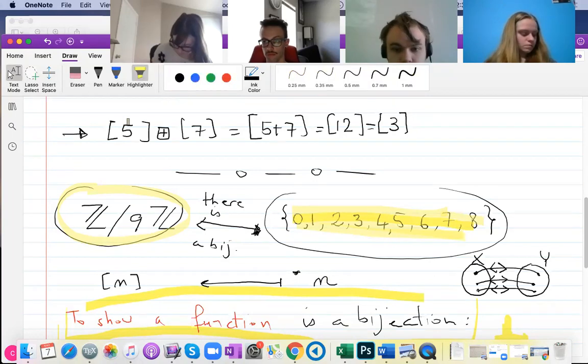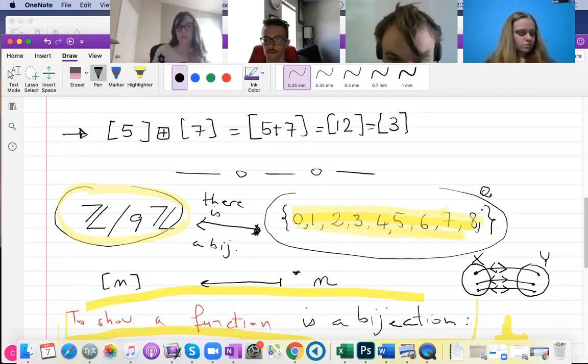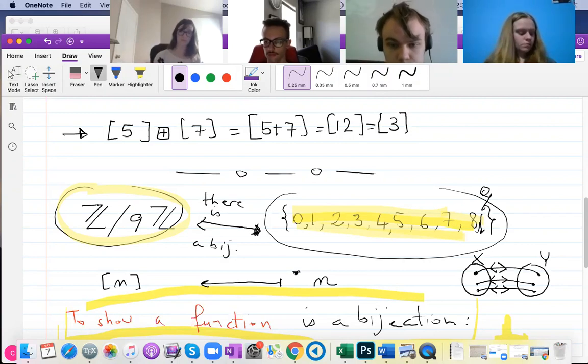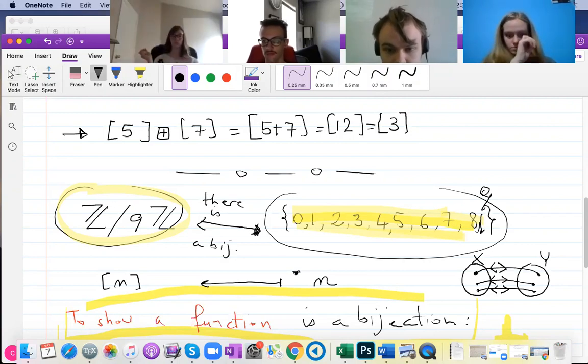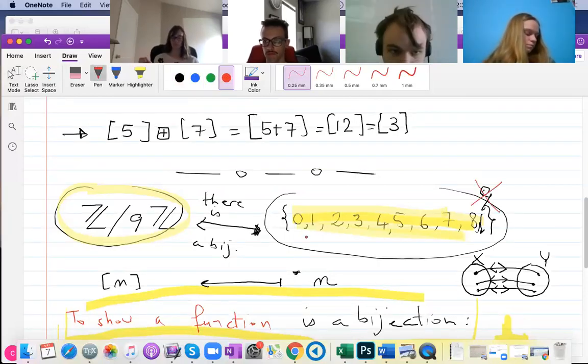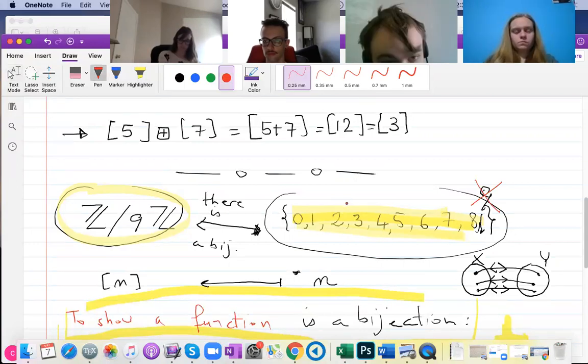If you added a 9 in here, you still have a function, but it's no longer a bijection because 9 and 0 are equivalent, so they go to the same element, so it's no longer injective. So the subset of numbers I've chosen is fine-tuned exactly to pick each of the equivalence classes exactly once.